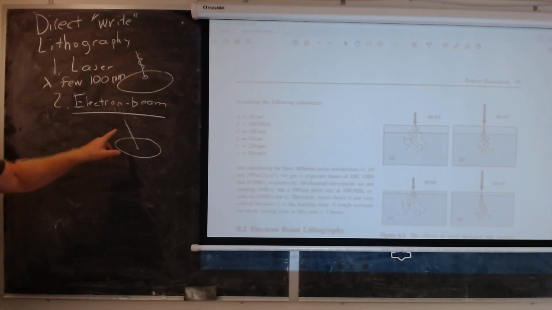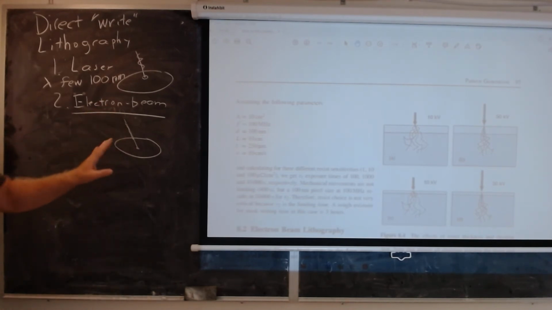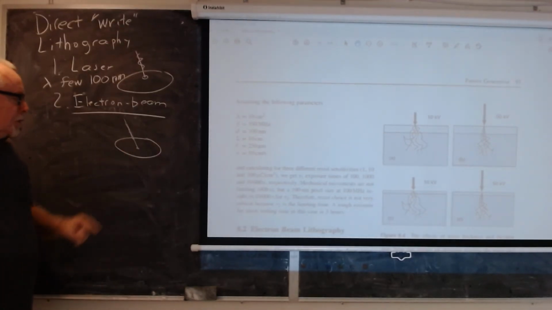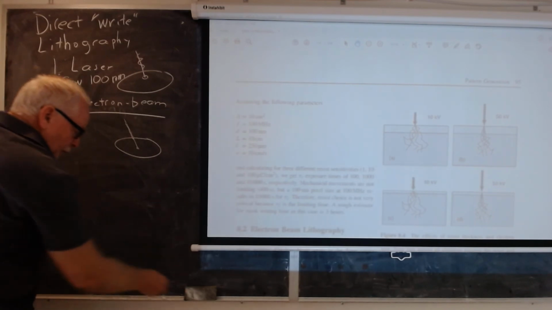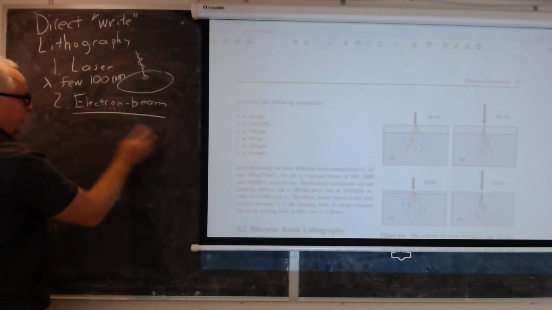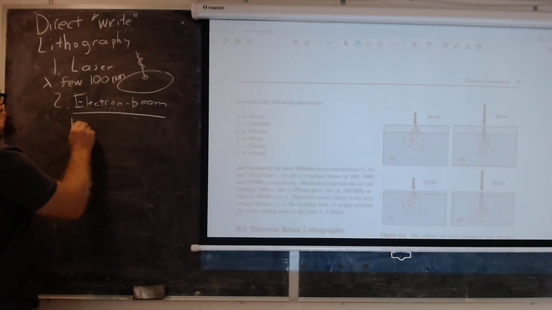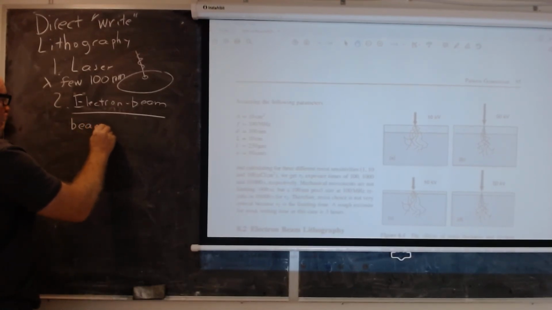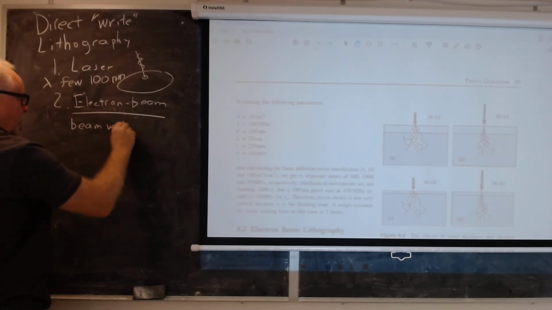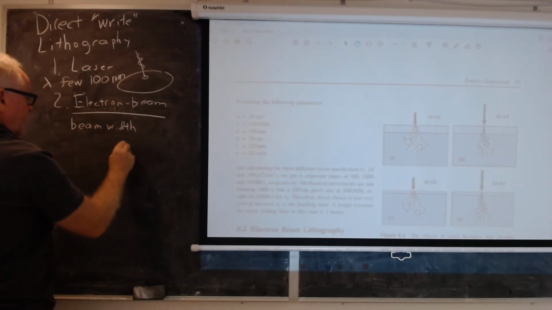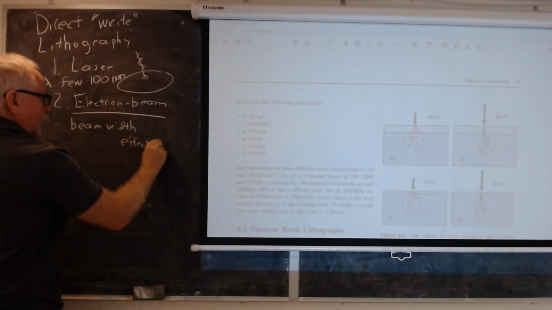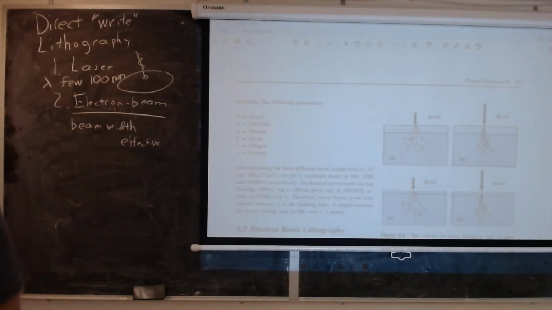The wavelength of an electron and the beam's energies used here actually do not determine the width of the beam. First thing about electron beam is there is a beam width, and then there is an effective, let me forget the terminology he used here.